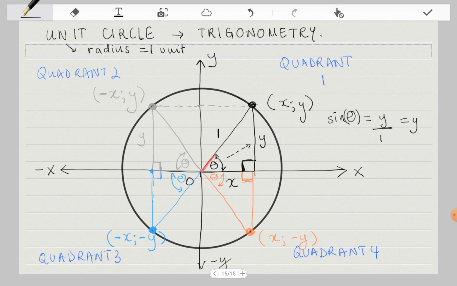The cosine of theta is the adjacent side over the hypotenuse. The adjacent side would be x, and the hypotenuse would be 1. So cos theta would just be x. And the tan of theta would be opposite over adjacent, which is y over x.